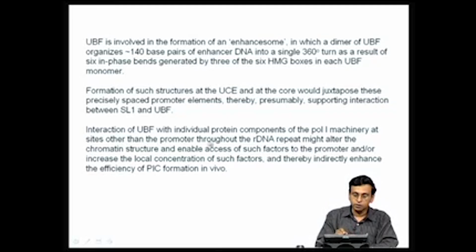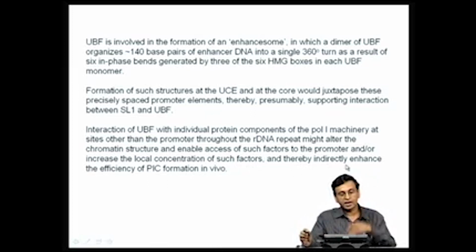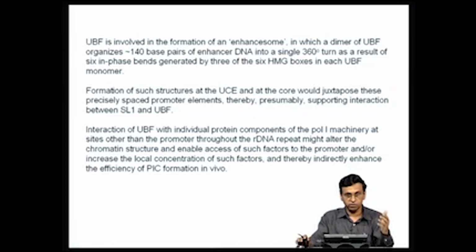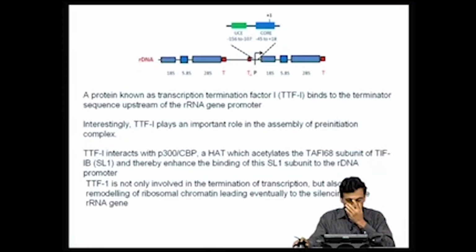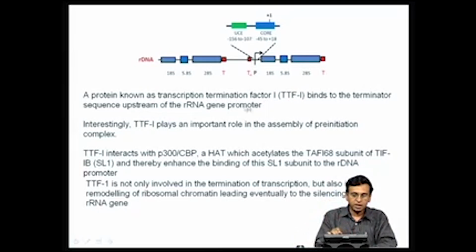Interaction of UBF with the individual protein components of the Pol I machinery at sites other than the promoter throughout the rDNA repeat might alter the chromatin structure and therefore enable access of such factors to the promoter and increase the local concentration of such factors, thereby indirectly enhancing the efficiency of pre-initiation complex formation. So, UBF is just like the enhancer binding factors or transcription activators which we have studied in the case of Pol II transcription.